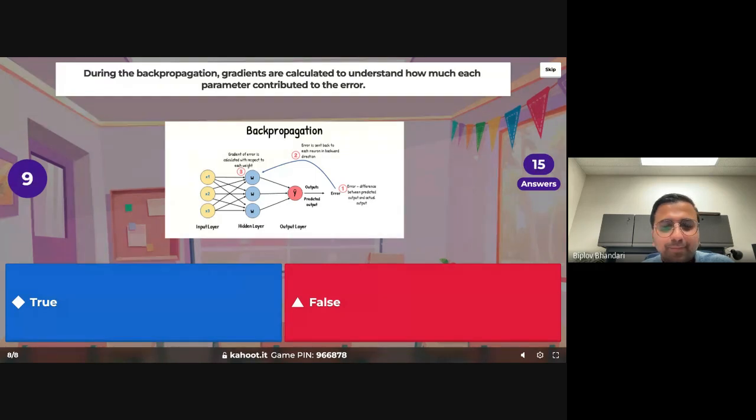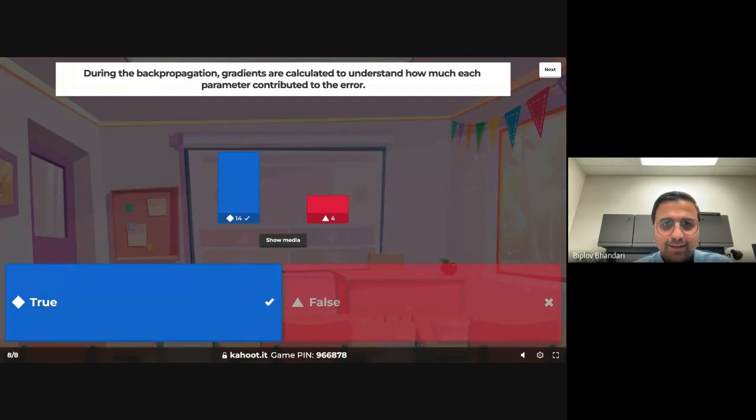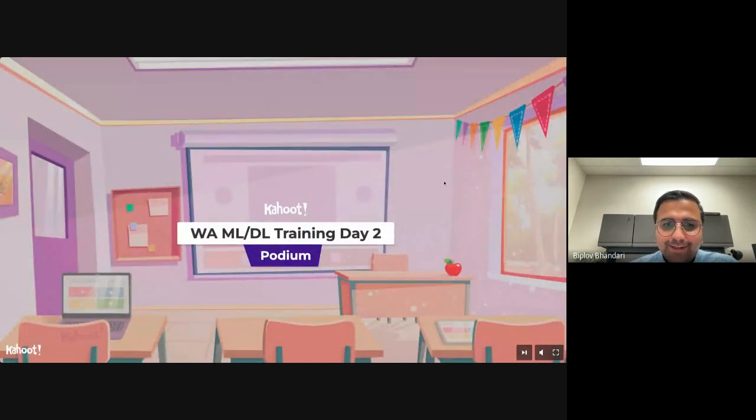Last 10 seconds. Probably it's very easy. Yes. So during the back propagation, remember we use the gradient descent algorithm to calculate those gradient loss, so we could adjust the parameters. Okay, let's see the final score.